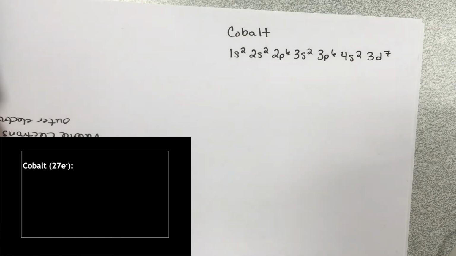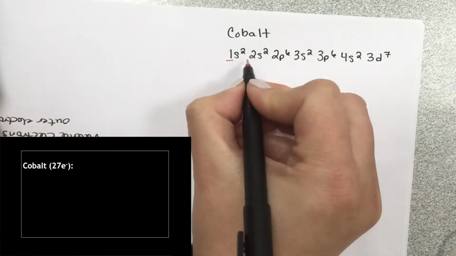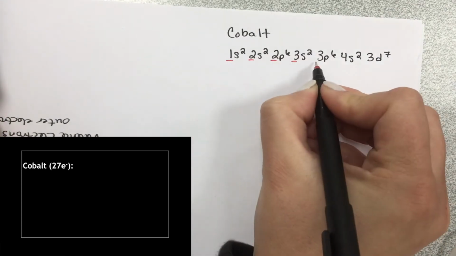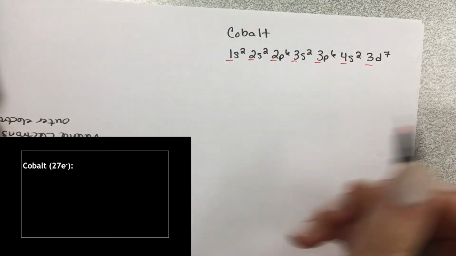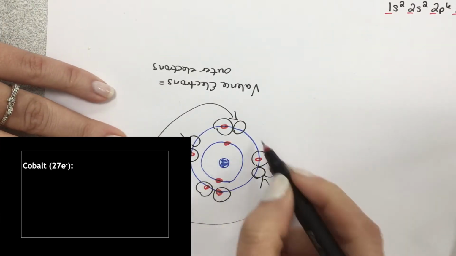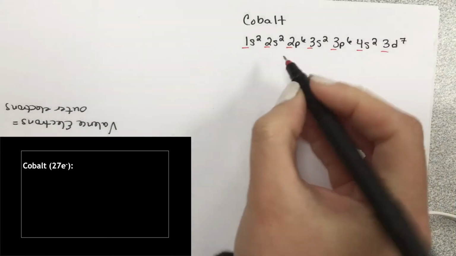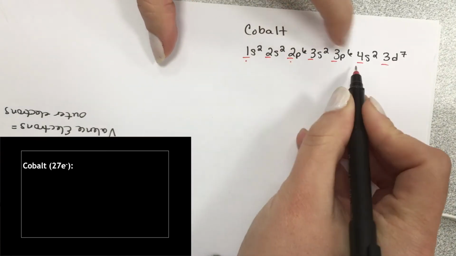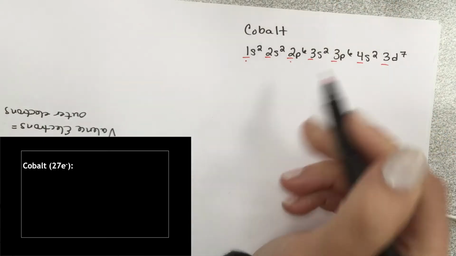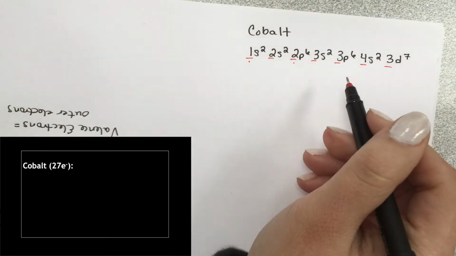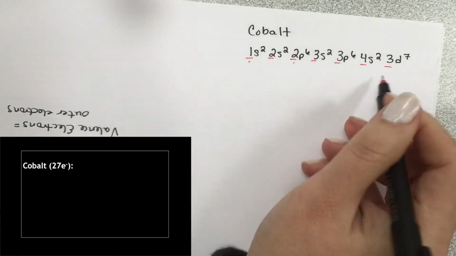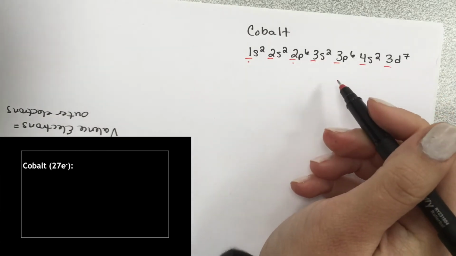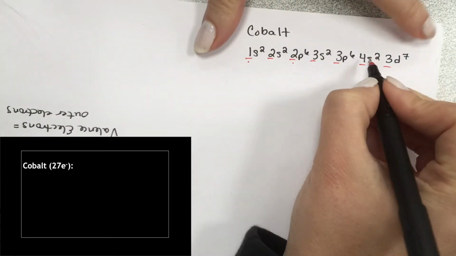So all we have to do is find the highest energy level. And remember, everything underlined in red represents what energy level it's in. Each energy level is just a ring around the nucleus, okay? So this is the first ring around the nucleus, second ring, third ring, fourth ring. You saw already the example with potassium, where the highest one was at the end. In this case, the highest one is not at the end.